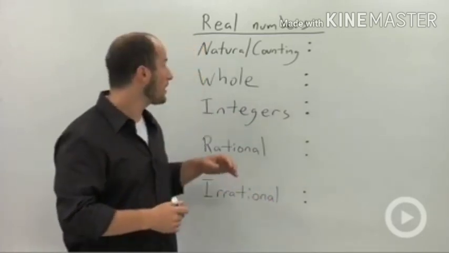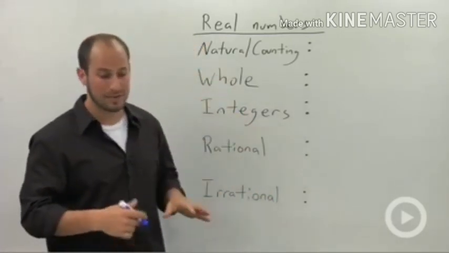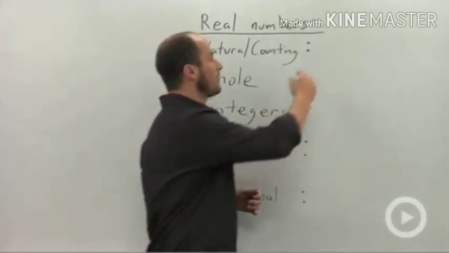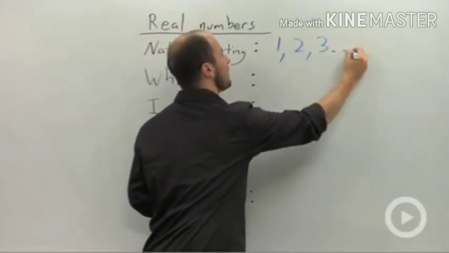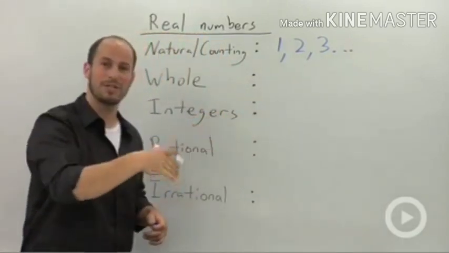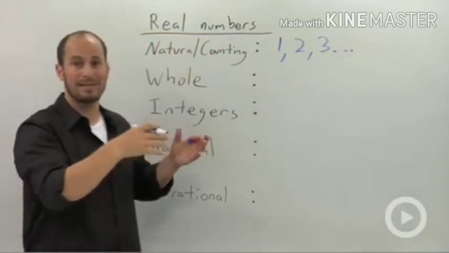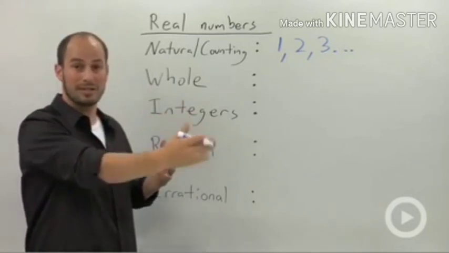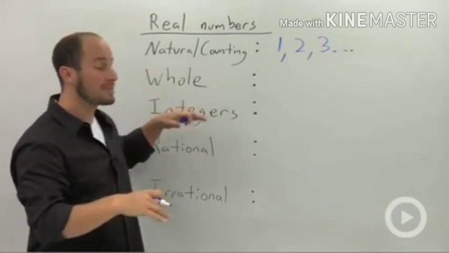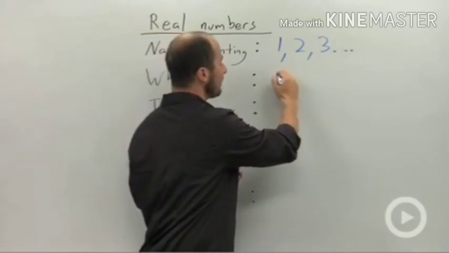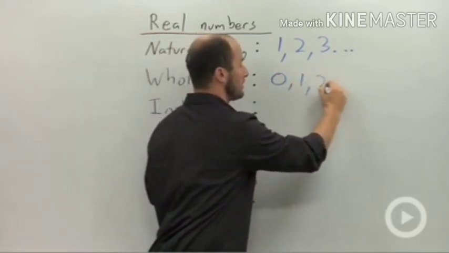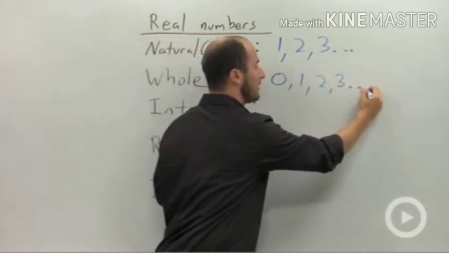So where I want to start is on natural and counting numbers. Basically those are the numbers 1, 2, 3, so on and so forth, 842, any sort of number that is a whole number larger than 0. Whole numbers include 0. So basically a whole number is a counting number plus 0, and they continue upward as well.